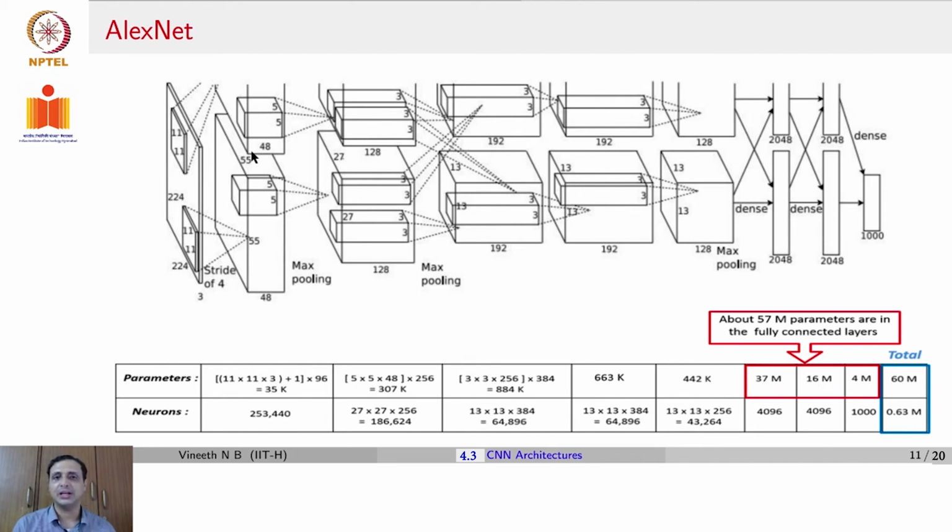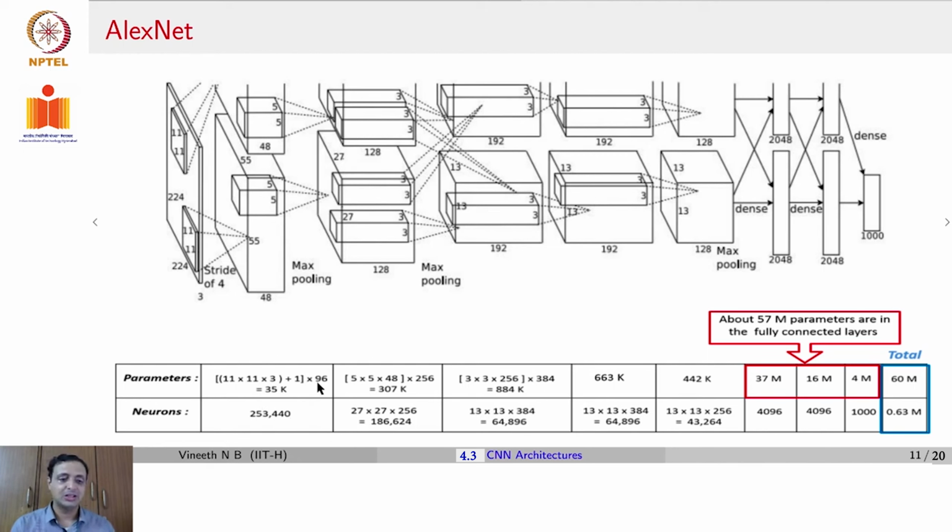So the designers of this architecture tried to take advantage of two processors that they had, in particular two GPUs, into which they simultaneously forked out these volumes and then combined them in later layers. Where you see these cross inputs as dotted lines is when the output of one GPU was also fed to the other GPU and so on and so forth. These cross links in the architecture should help you understand in which layers that was done.